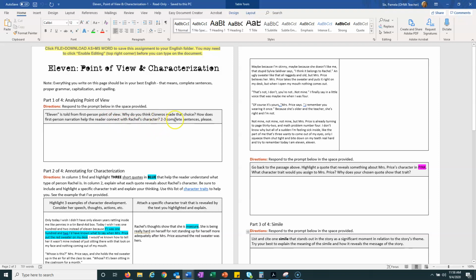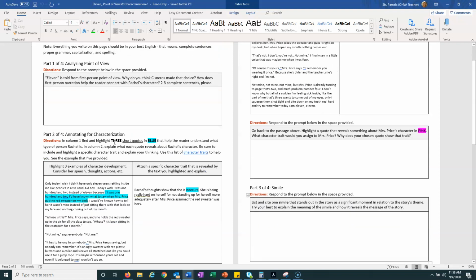That's the second question. You're going to answer that in 2 to 3 complete sentences, okay? So what that means is your full response can be 2 to 3 sentences, but you have to answer both questions.